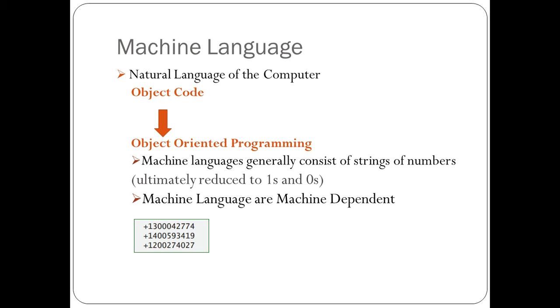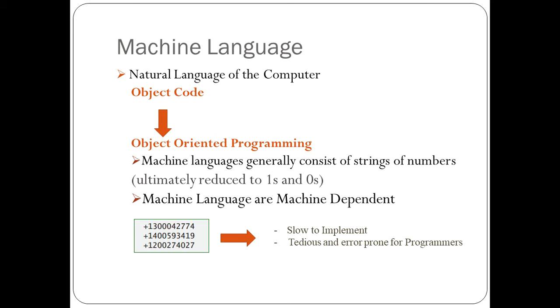With this implementation, you can see that it is very slow to implement and very tedious for programmers. Just think about it: if you're a programmer in those days, you need to write something like this, and a single mistake in one figure will change the whole script. So it was difficult for programmers to understand.